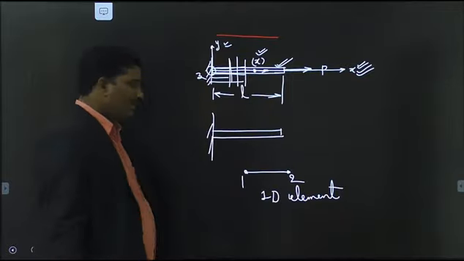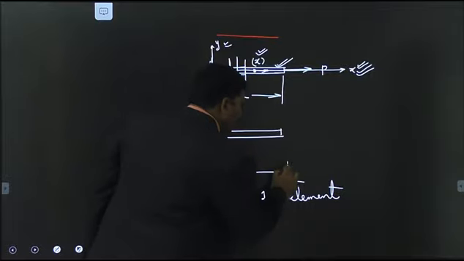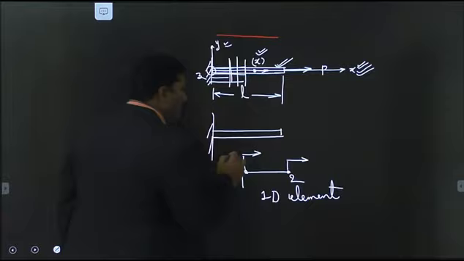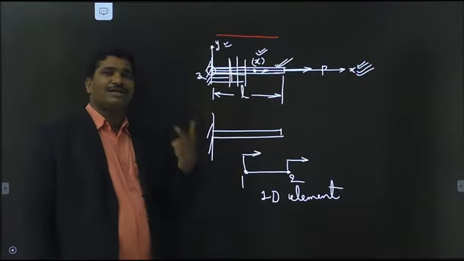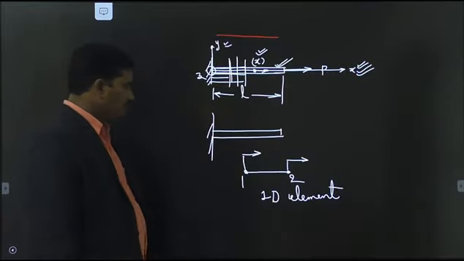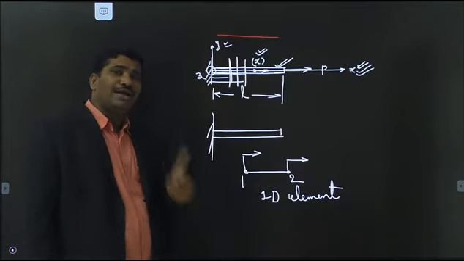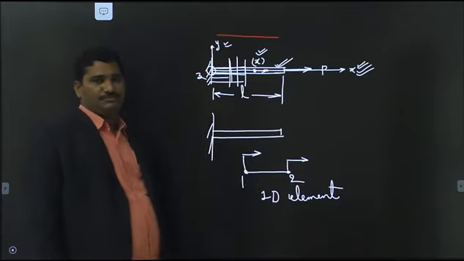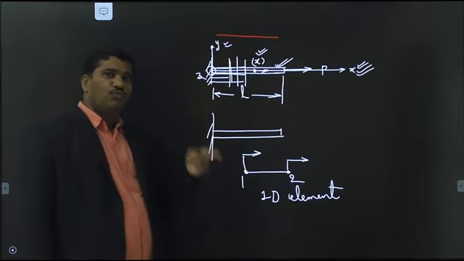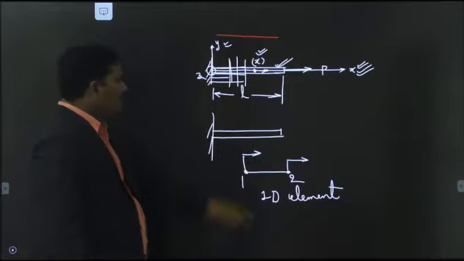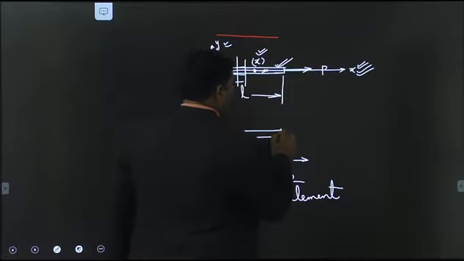Two nodes, and each node has only 1 degree of freedom. Therefore, how many degrees of freedom are there in this element? 2 degrees of freedom. You can also say it is a two-noded one-dimensional element with 1 degree of freedom at each node, because it is an elasticity problem.